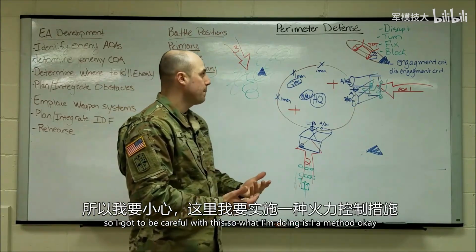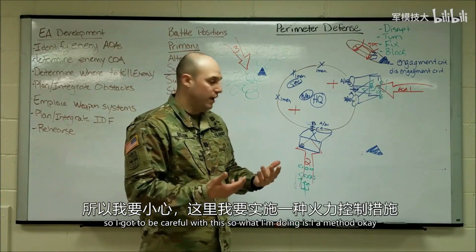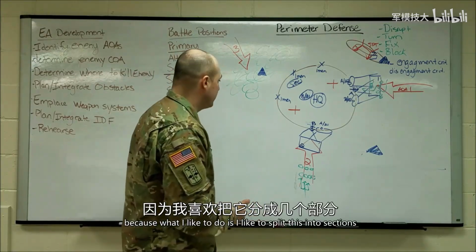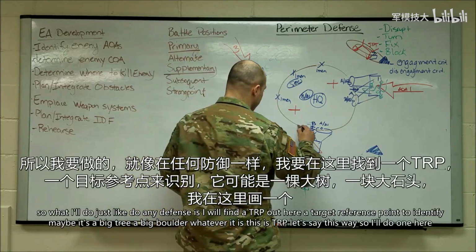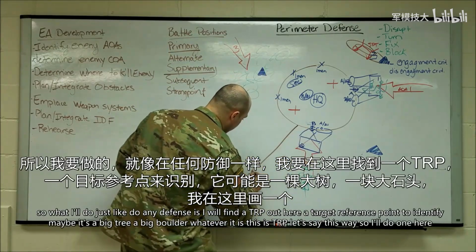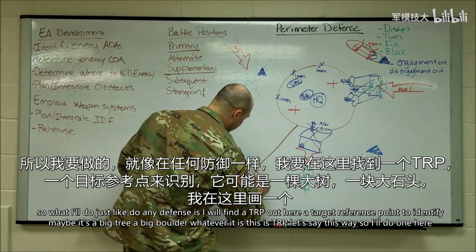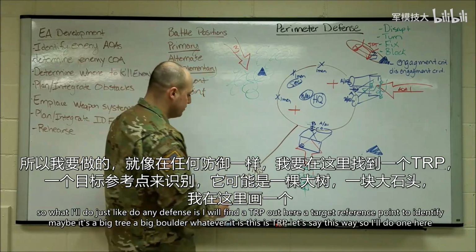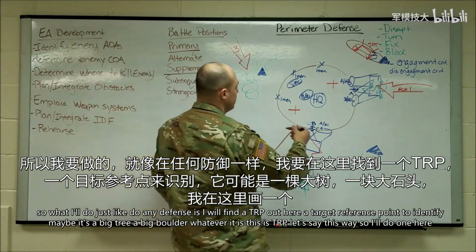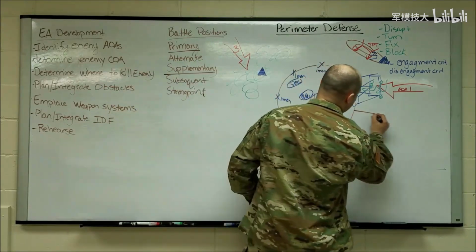So a method that I like to do is split this into sections. Just like on any defense, I will find a TRP out here, a target reference point that I identify. Maybe it's a big tree, a big boulder, whatever it is. This is TRP, let's say, here. Actually, let's go this way. So I'll do one here.